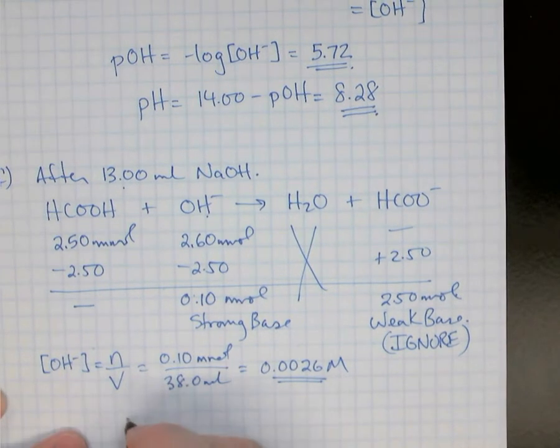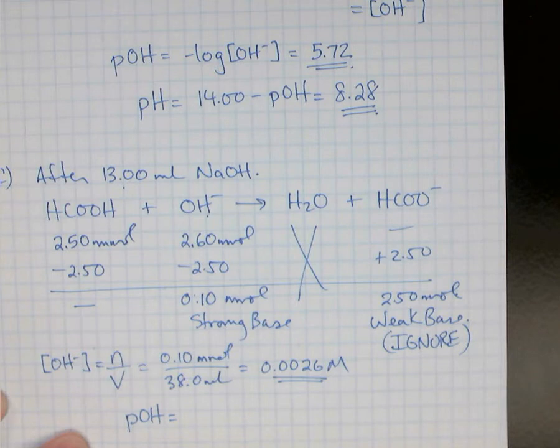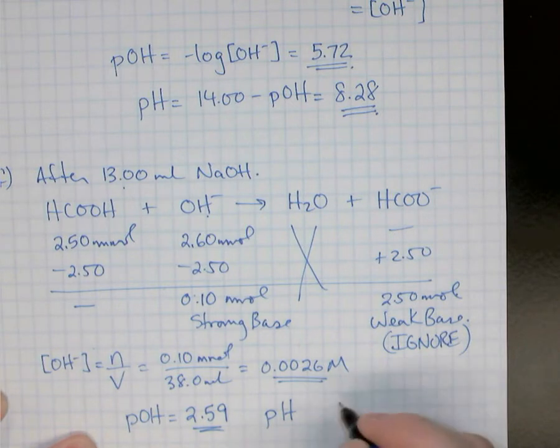I'm running out of room here, so I'm just going to say that pOH is the negative log of this number, 2.59, and your pH will be 14 minus the pOH, so 11.41.